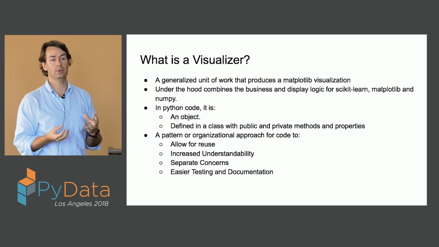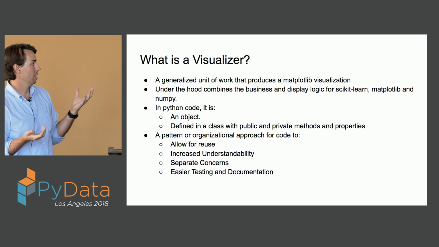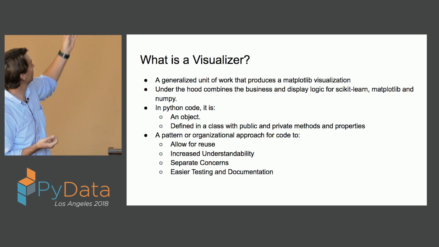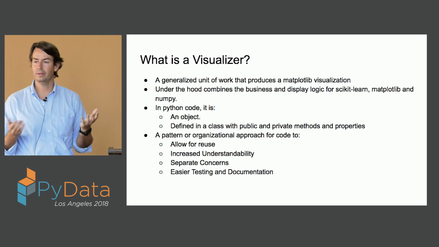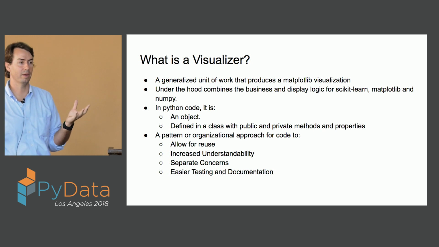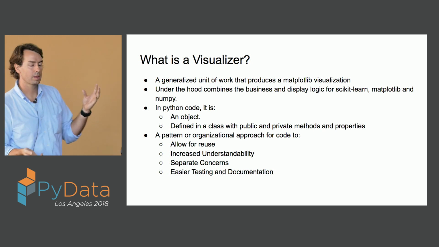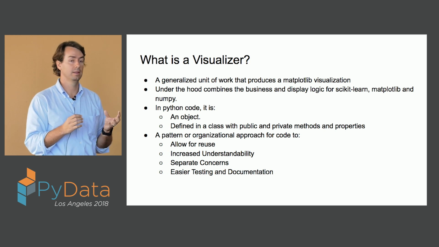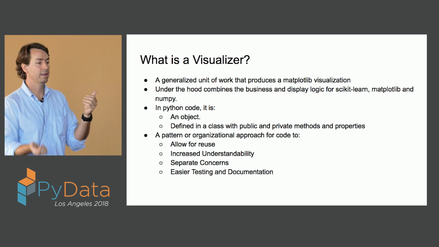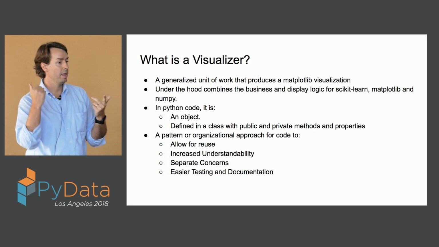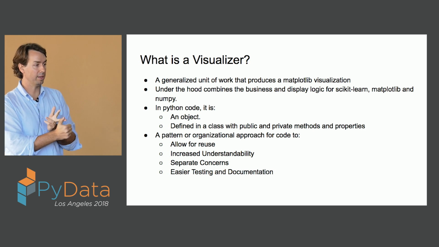Getting even deeper, in Python, a visualizer is an object. Well, that's not fair to say because everything in Python is an object, right? A visualizer is a defined class that is instantiated, and it has methods and properties.